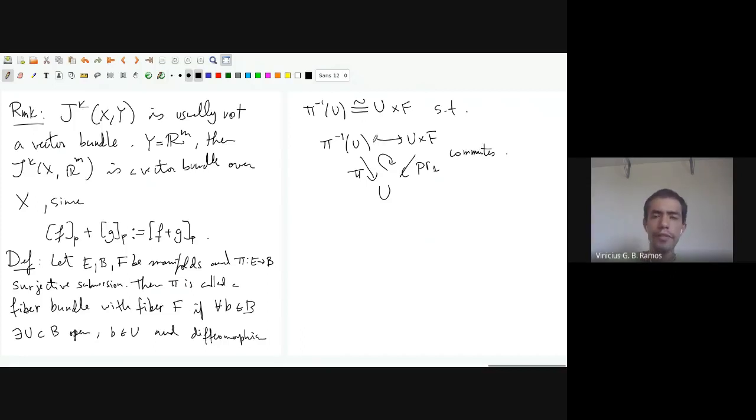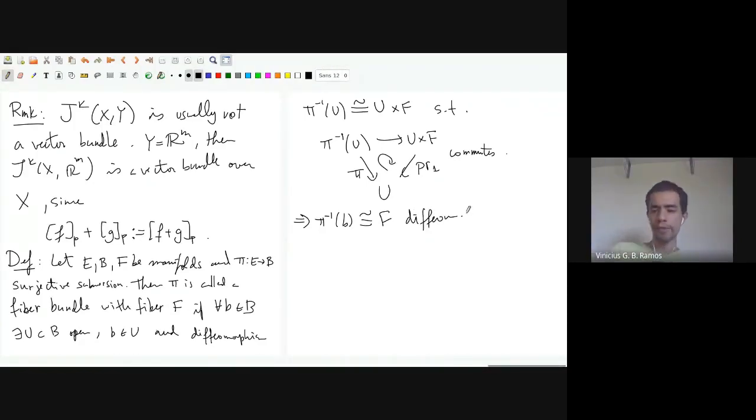This just means, if you take something in U times F and take the projection, that's the same as projecting it to U. This just means that pi inverse of b is diffeomorphic to F. So this implies that the fiber over each point is diffeomorphic to F.